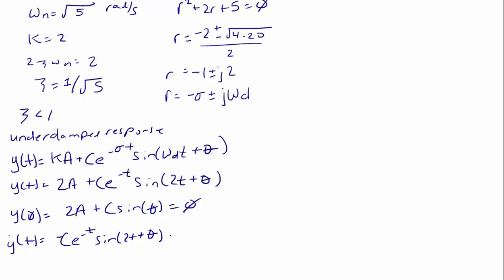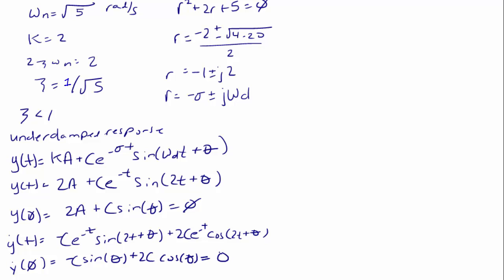This is using the product rule, so then we have plus 2C e to the minus t cosine of 2t plus theta. So y dot of 0 would be equal to negative C sine of theta plus 2C cosine of theta, and we set that equal to 0.